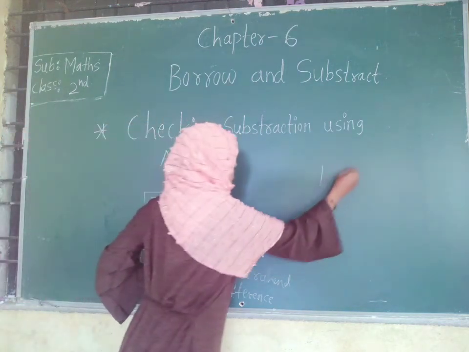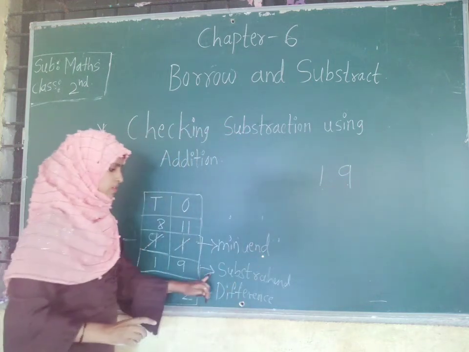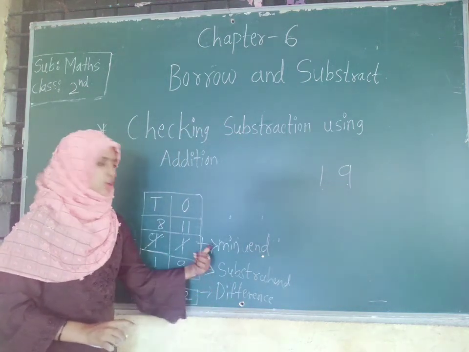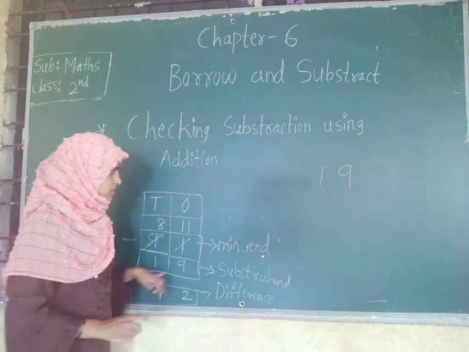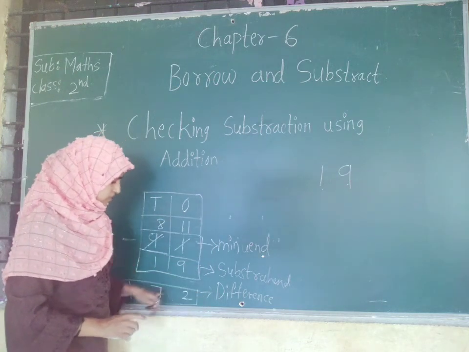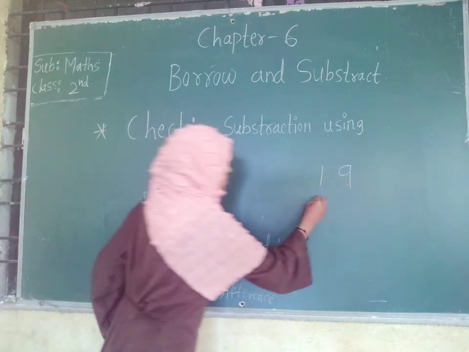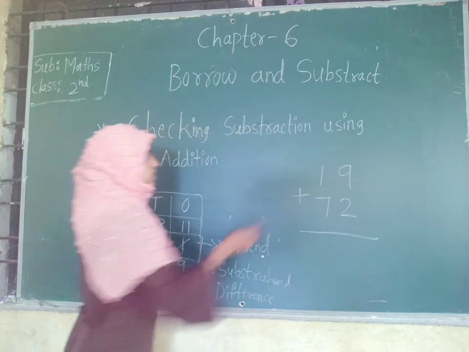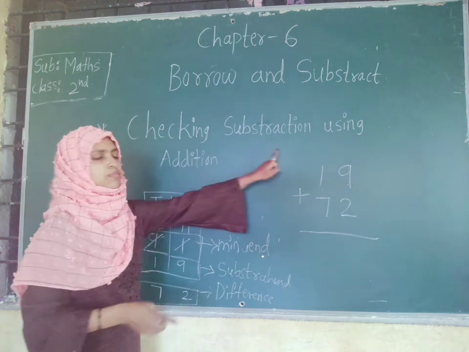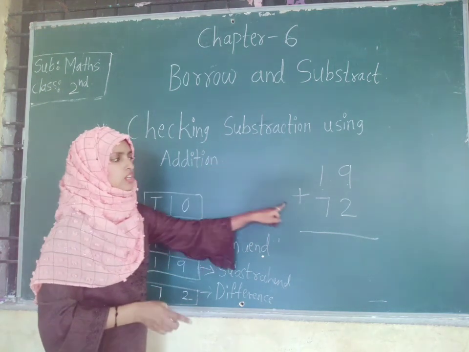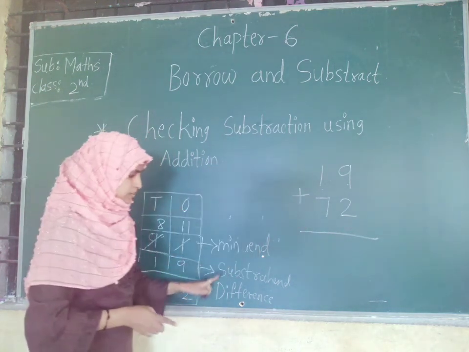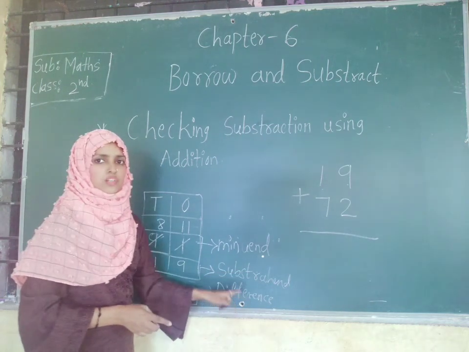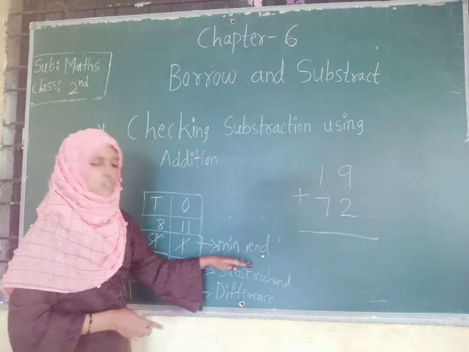So see here, if we add subtrahend and difference, we will get minuend. Let's see, subtrahend is equals to 19 and difference is equals to how much? 72. So children, now add these two numbers. Here, checking subtraction using addition, we need to add these two numbers, subtrahend and difference. Then only we will get minuend.